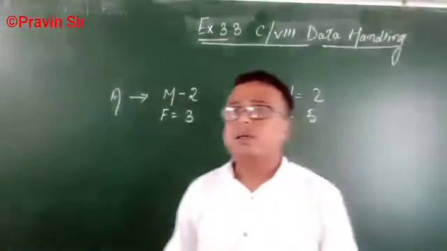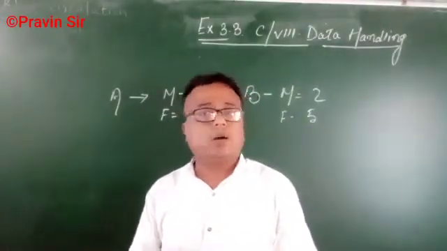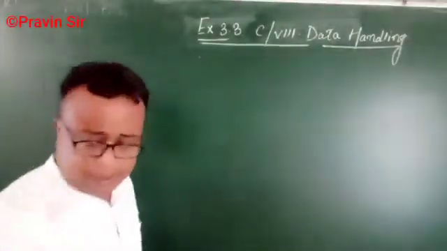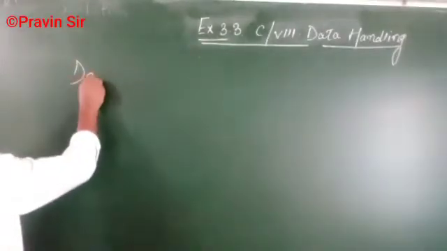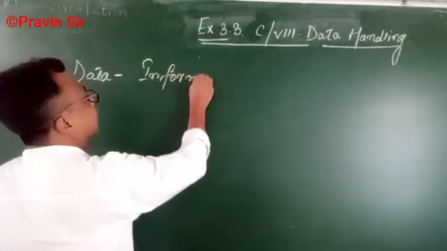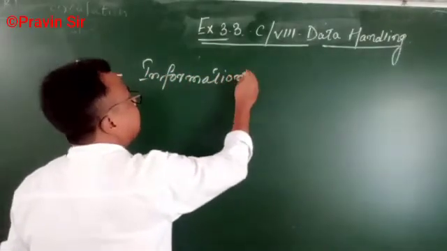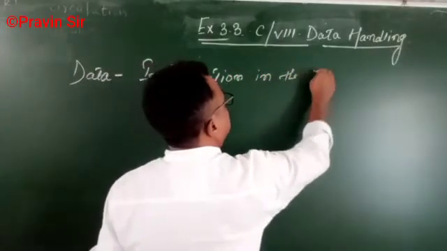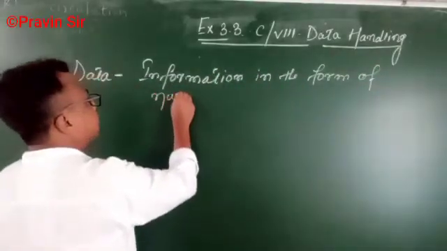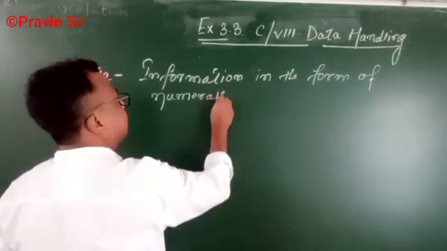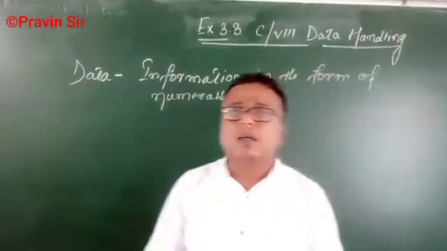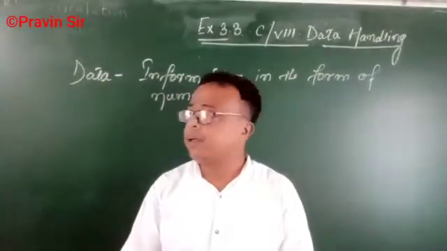So that information, in the form of numerals or numbers, is called data. The meaning of data is information in the form of numerals. Correct? So that is called your data.